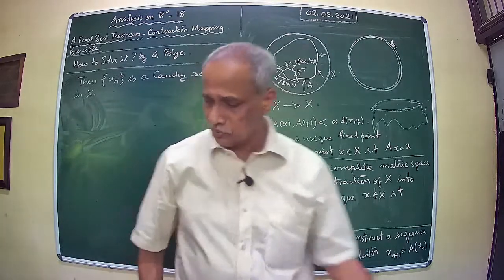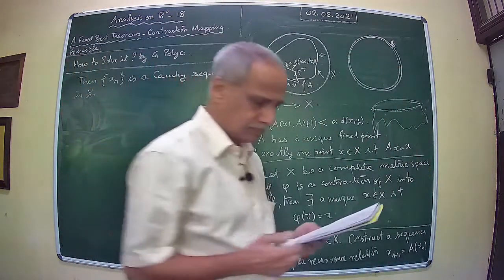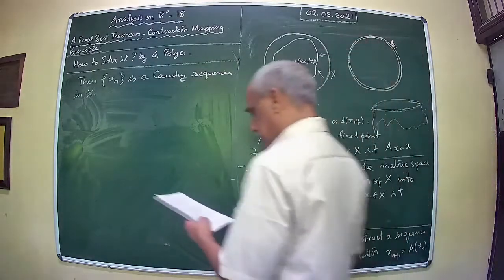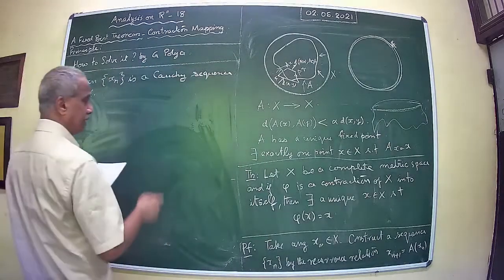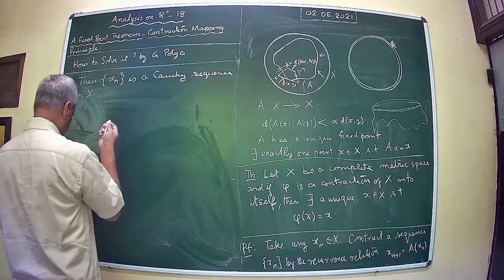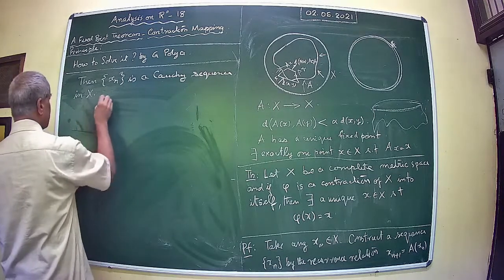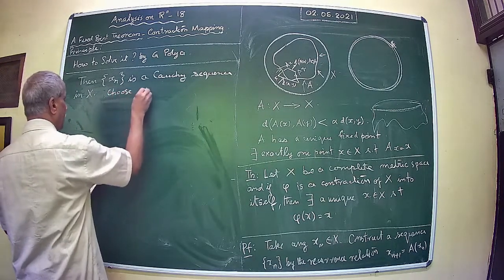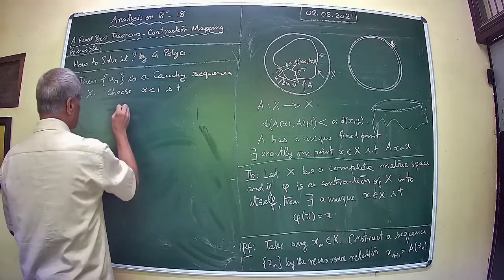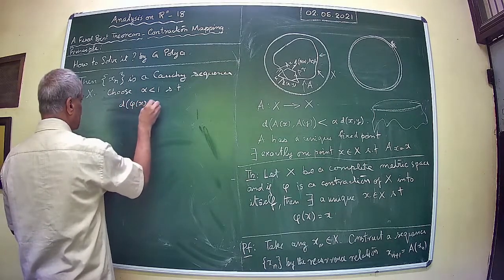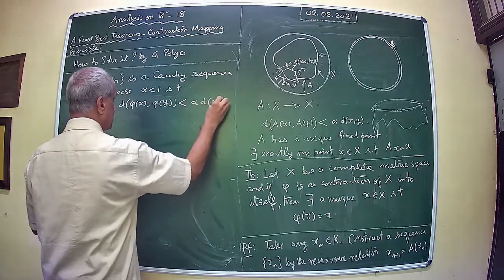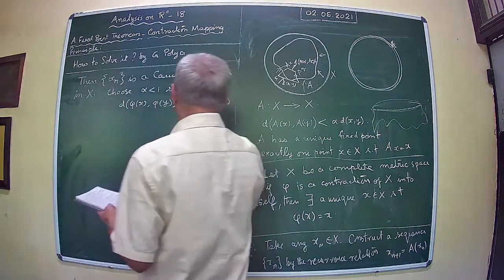That is quite easy to prove because what you do is this, okay, because phi is a contraction, so what you have is that, observe that d of phi(x), phi(y) is less than or equal to alpha d(x, y) for every x, y.